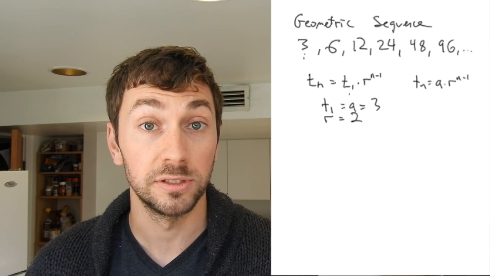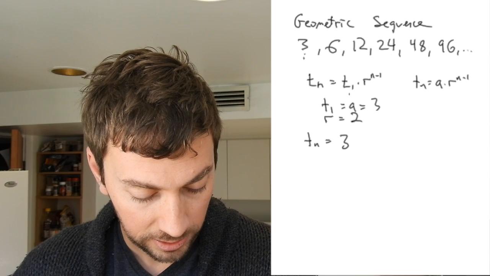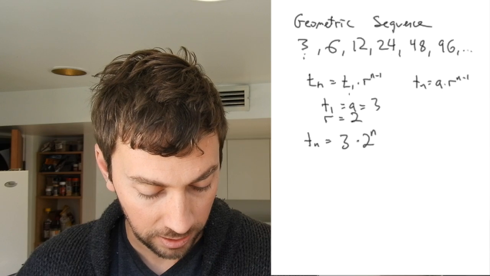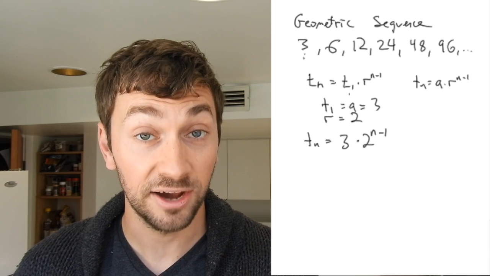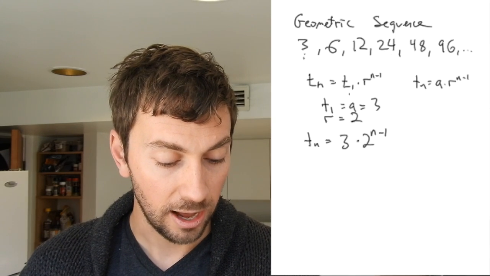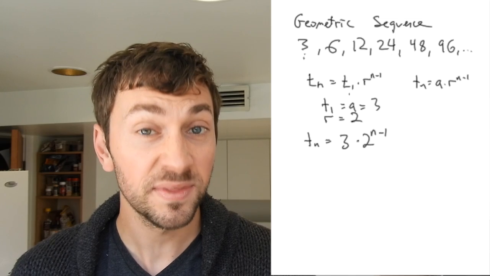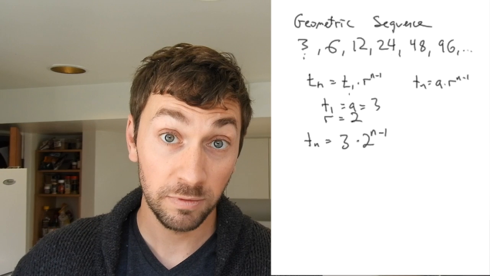So I'll put these numbers into the little equation. We get Tn equals 3 times 2 to the power of n minus 1. With this equation, I can calculate any term all the way down. So remember about n. N is the index, and it's like the name of each term.